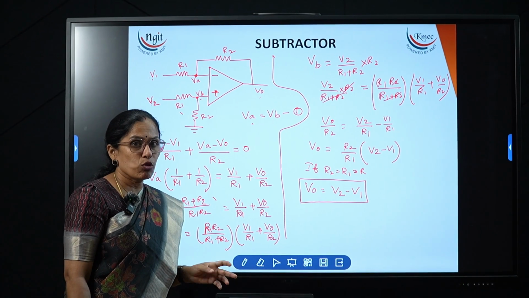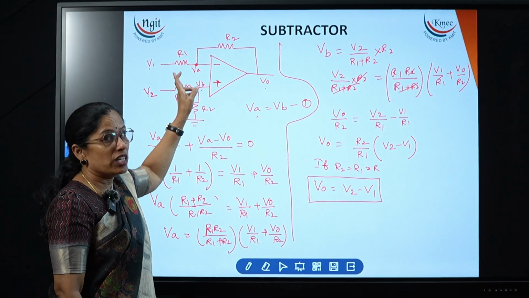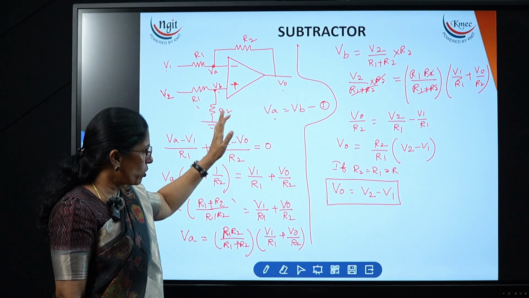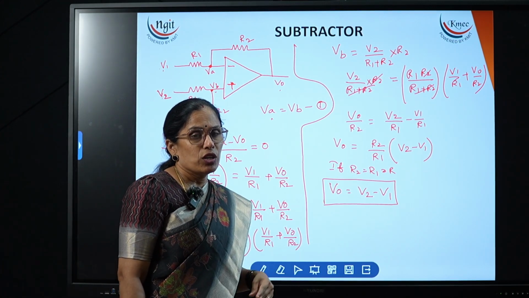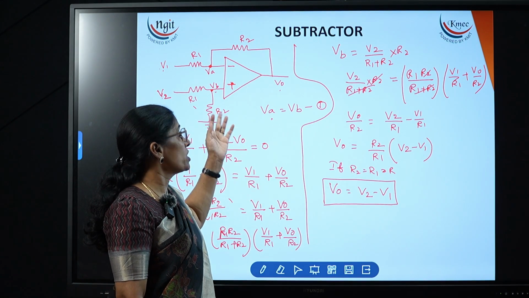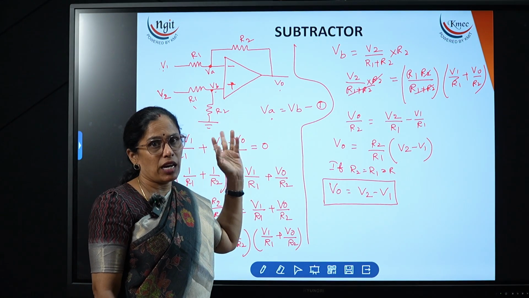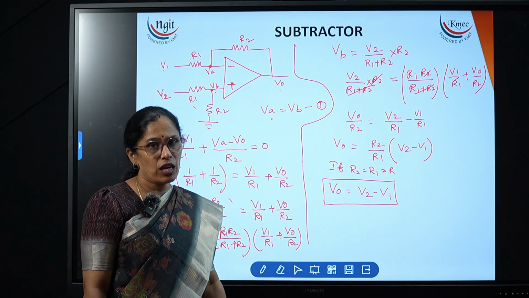In the exam you may get a subtractor question with different resistor values also. The process is the same, not only for the subtractor but for any application. If the values are given, to find the output just apply the nodal analysis at A, apply the nodal analysis at B, and equate the two expressions, then you will get the output.